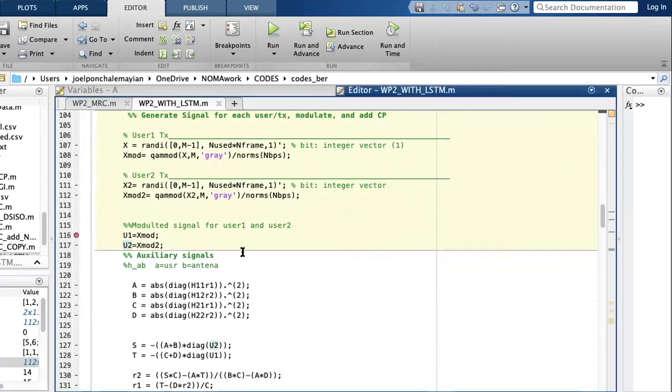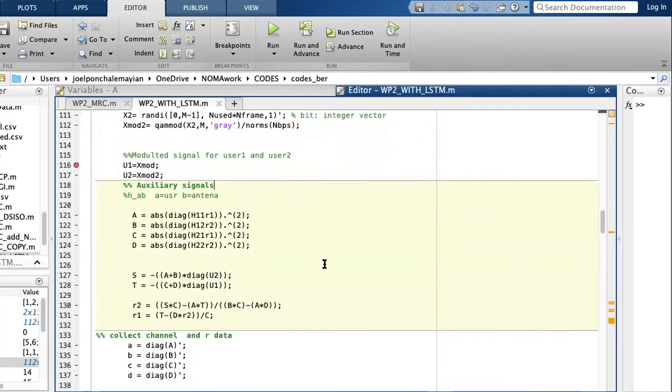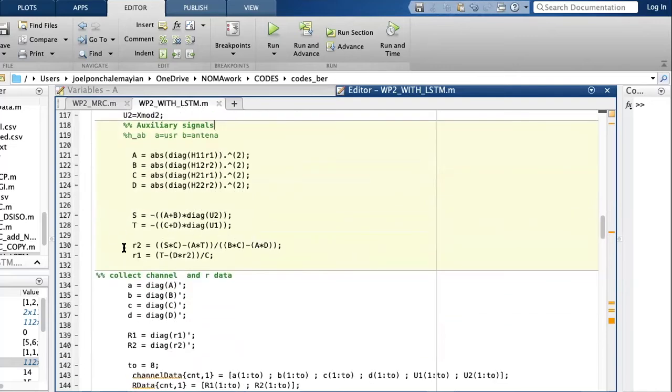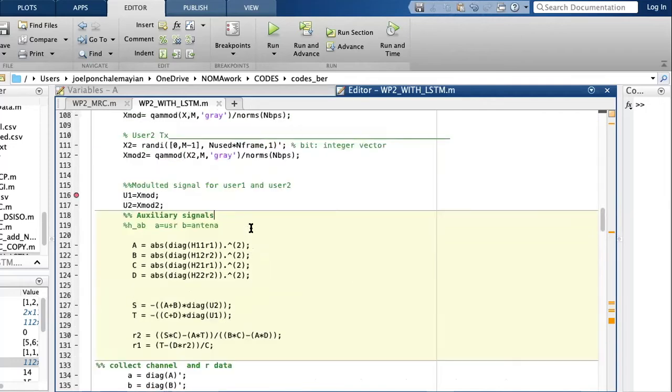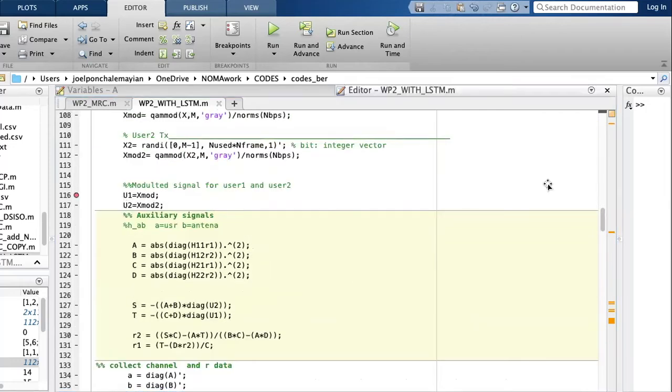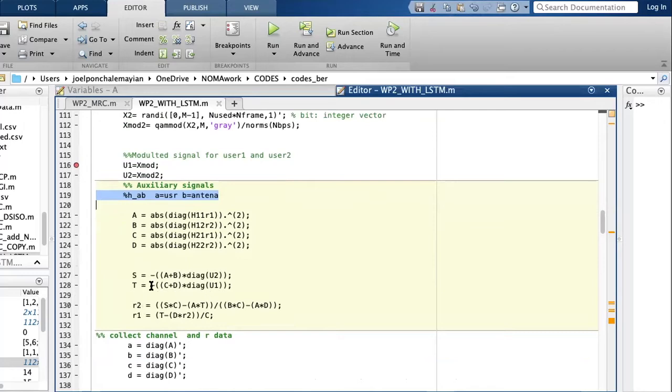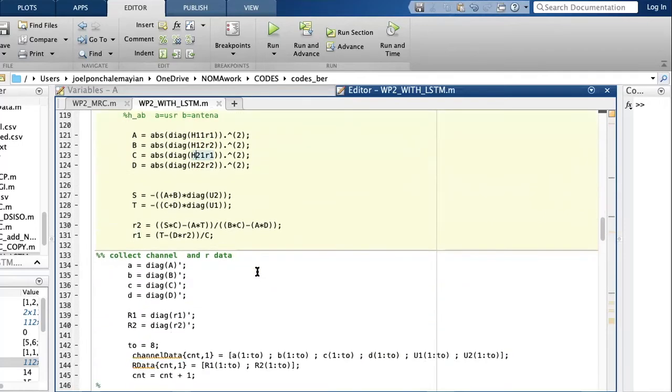When you have that, the process of calculating R1 and R2 begins. You already have U1 and U2, and you also have all this H. The only thing remaining is for you to calculate R1 and R2. So this is what is happening here. We calculate our R1 and R2 from this H that we have. We calculate it here.